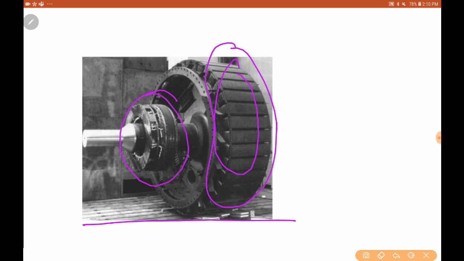When you see it physically, as I said, there will be one stator part here and another stator part here. So this stator will generate the field for this one, and this stator will generate the electric power.